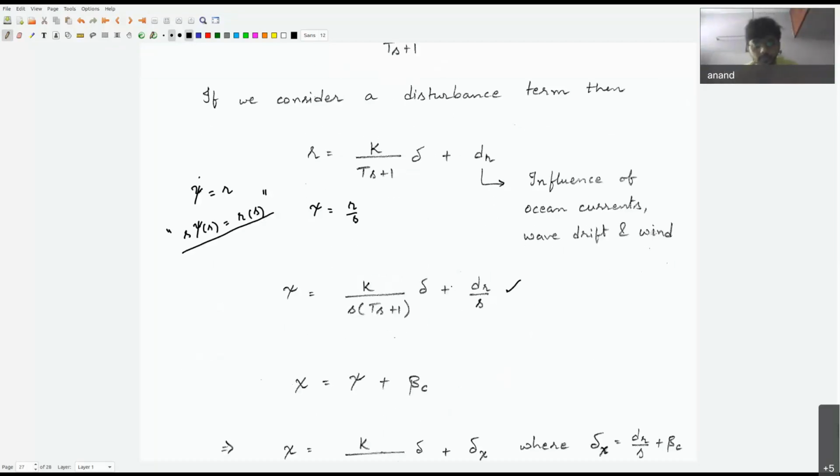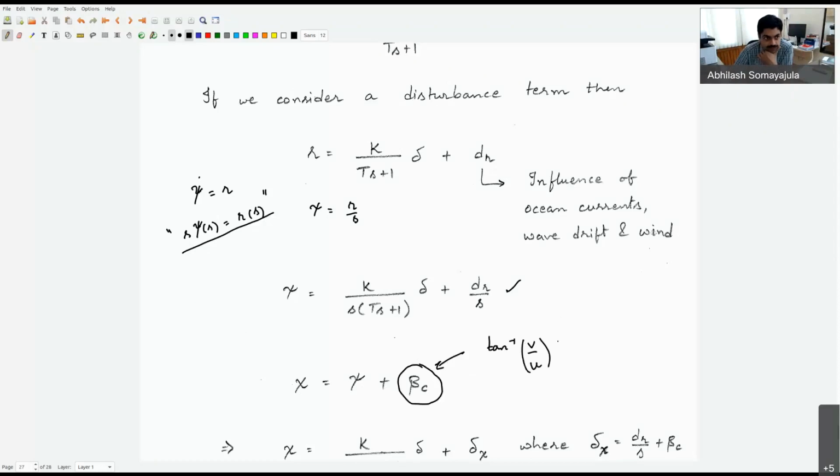Now, I know that the course angle chi is nothing but this heading angle psi plus the crab angle beta c, and this is from way back in the lectures which we had discussed, where this was basically tan inverse of v by u. It represents the so-called drift of the ship, how much it has drifted.